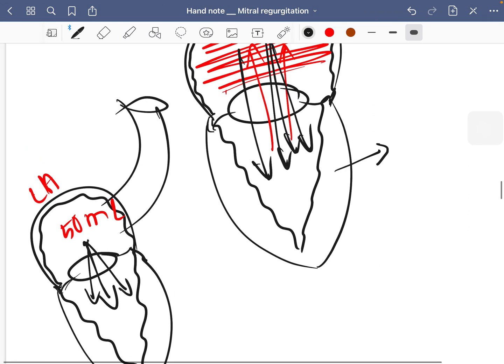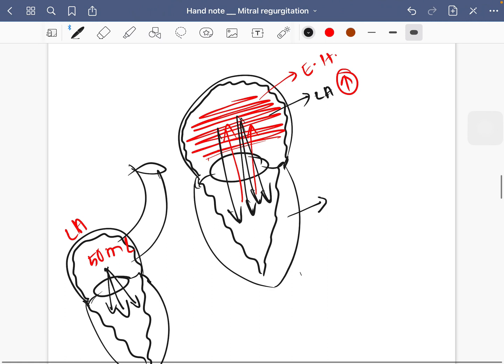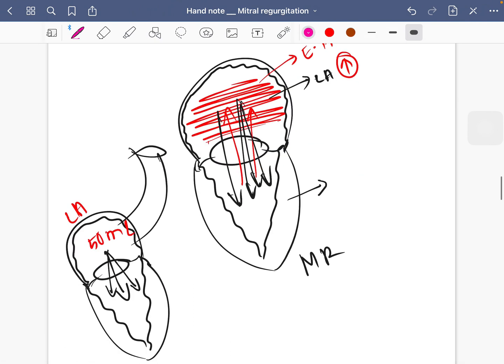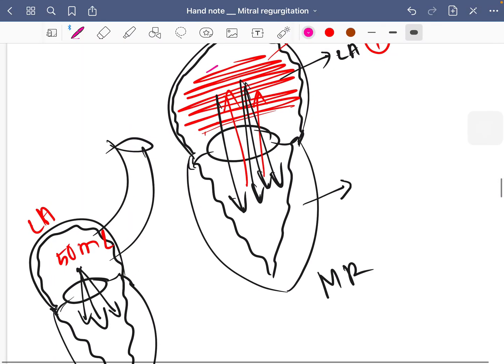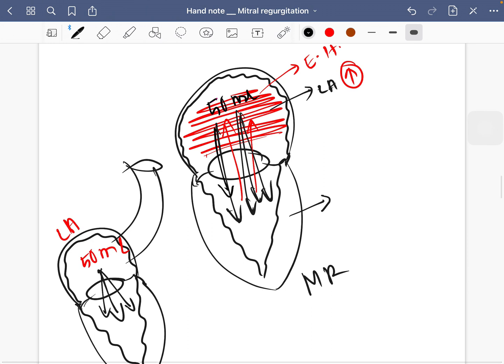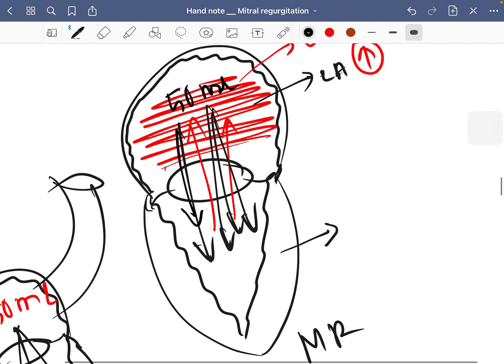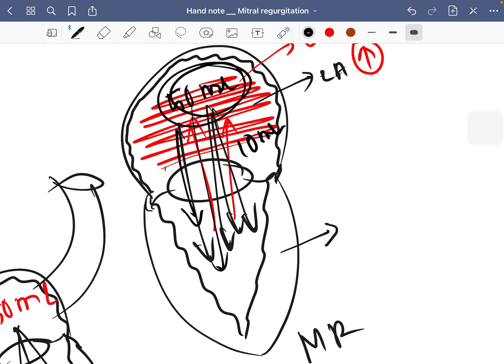But what is happening in mitral regurgitation? This 50 ml of blood will enter, as well as the backward-going 10 ml of extra blood will also enter with this 50 ml.